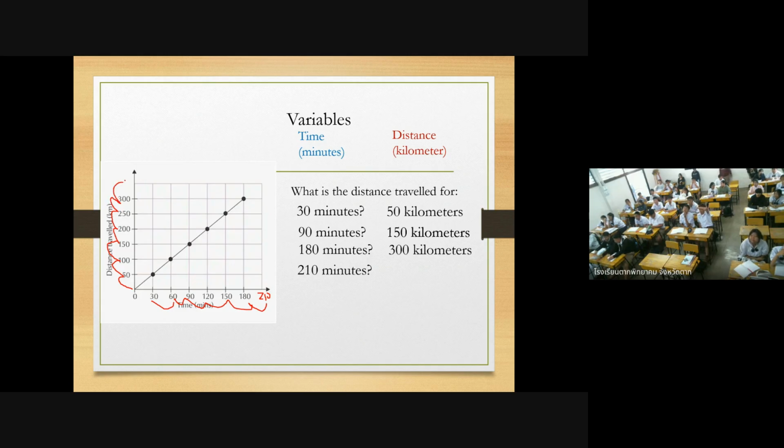So in 210 minutes, there will be 350 kilometers. Because again, any linear relation is a straight line. This is a continuous graph. Okay? So in 210 minutes, there will be 350 kilometers.